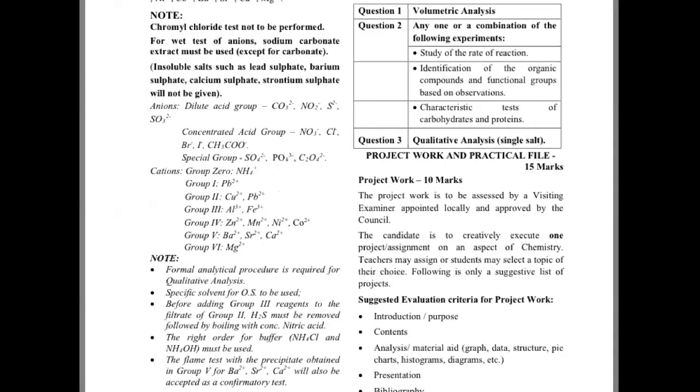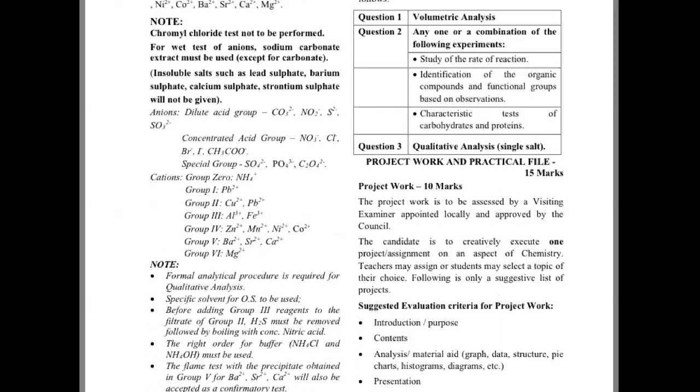Both the classes have almost the same cations and anions to be done, and you will see in the notes section that is written there. This is important for you to know. It says a formal analytical procedure is required for qualitative analysis. Specific solvent for the original solution is to be used before adding group 3 reagents to the filtrate of group 2.